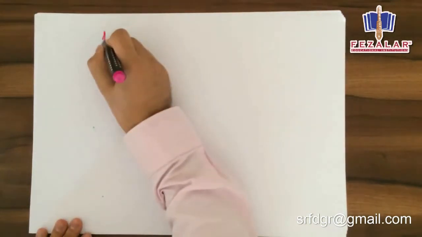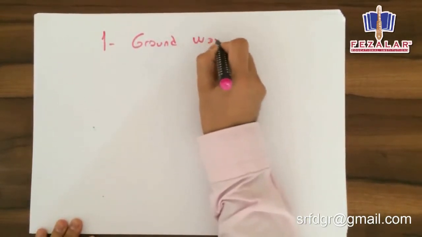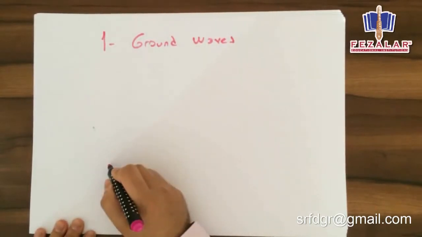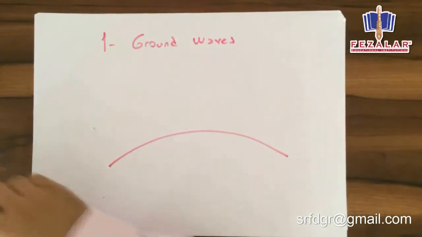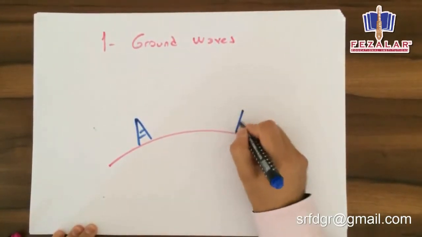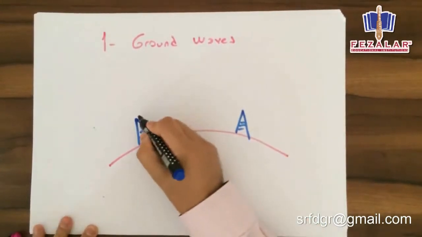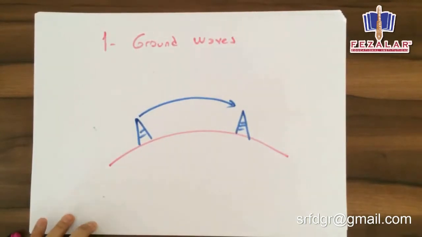Radio waves, on the other hand, are propagated in many ways. There are three basic types. The first one is ground waves. If there are two transmission devices, antennas like that, and this is another antenna, the wave is sent from the first one and reaches the second one.